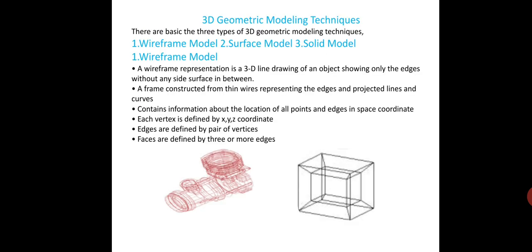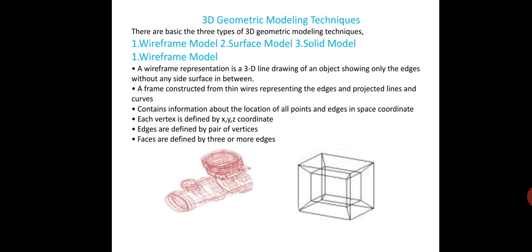Now let me see the next part, that is three-dimensional geometric modeling techniques. There are basically three types: first is the wireframe model, second is the surface model, and third is the solid model. Let us first understand the wireframe model. A wireframe representation is a three-dimensional line drawing of an object showing only the edges without any side surface in between.